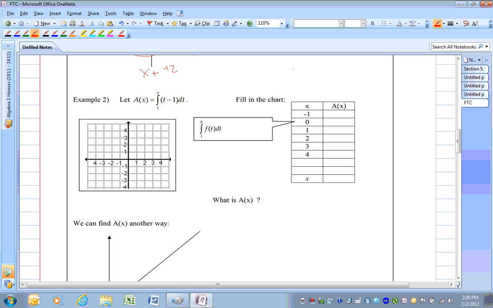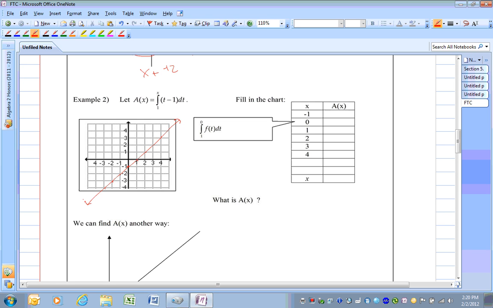What kind of function is that? Yeah, it's linear. And where does it cross the y-axis at? Good, and slope is 1. So if I kind of graph this a little carefully, there it is.